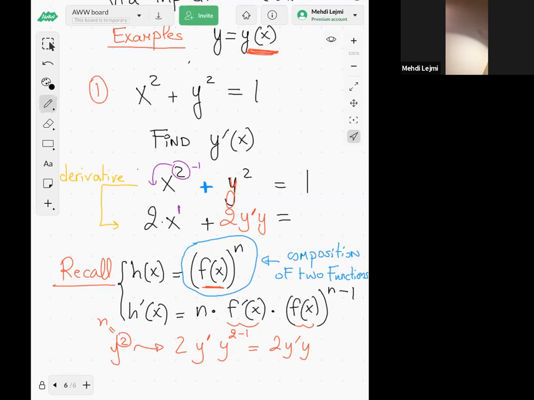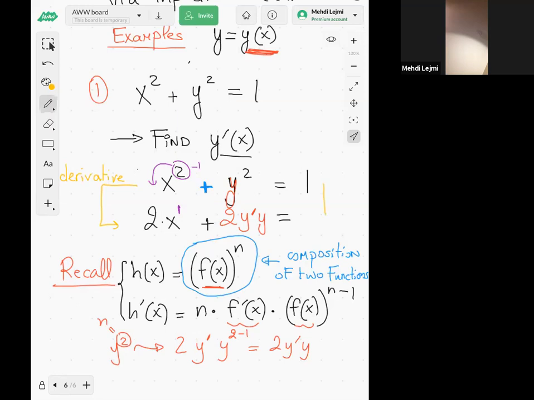Because of that, you can solve for y prime. Remember, our goal is to find y prime of x. Now, what about the other side? We computed the derivative of the left side.